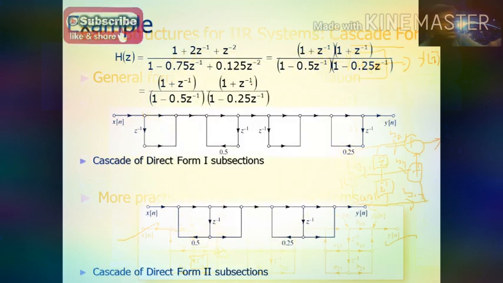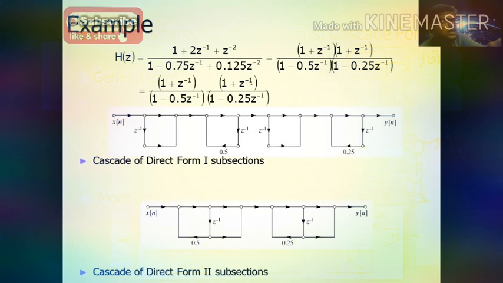See, for example, I will give one example here. So here H of z equal to 1 plus 2 z inverse plus z power minus 2 divided by 1 minus 0.75 z inverse plus 0.125 z power minus 2. Here the highest order power is 2, and here also 2. Okay, but in a cascade structure, when I split up the sub transfer functions, you focus on both the numerator part and the denominator part; the order is equal.